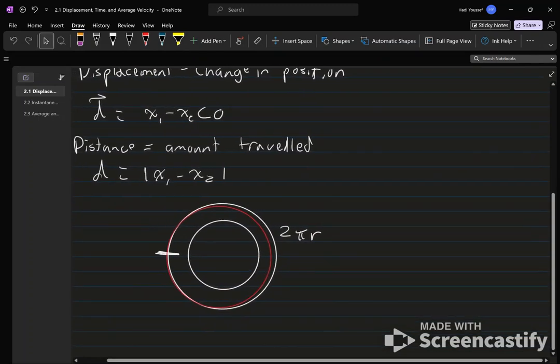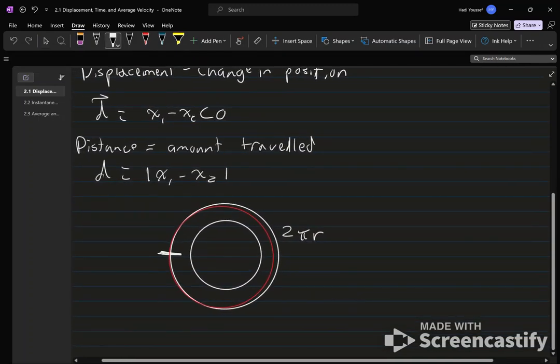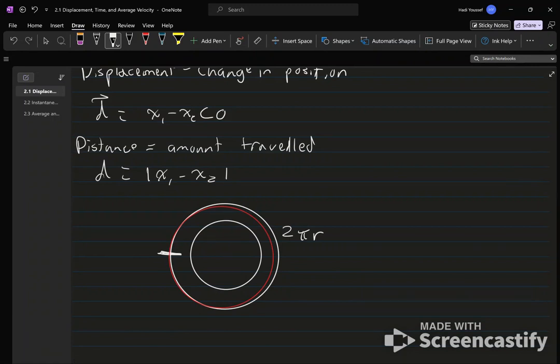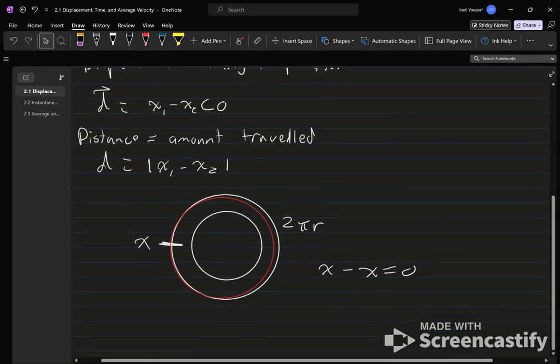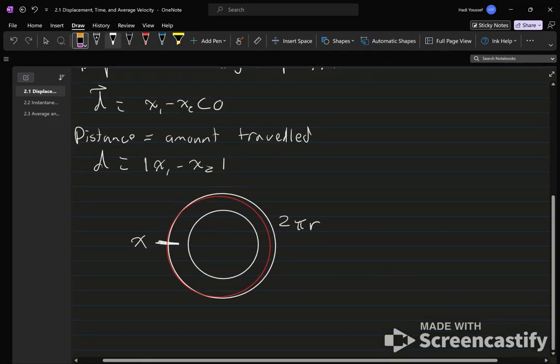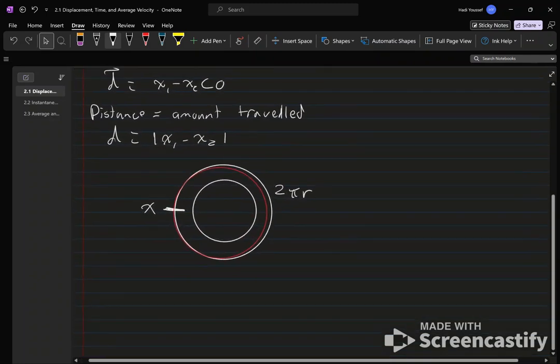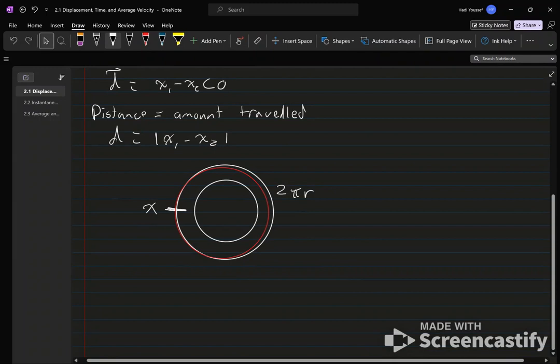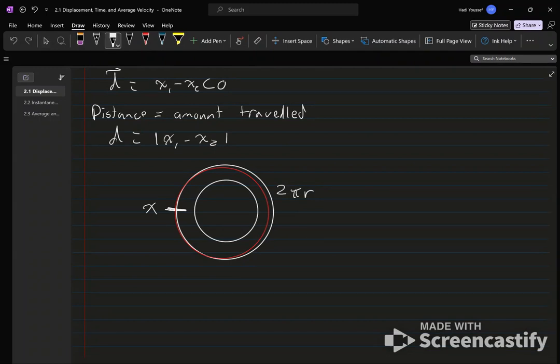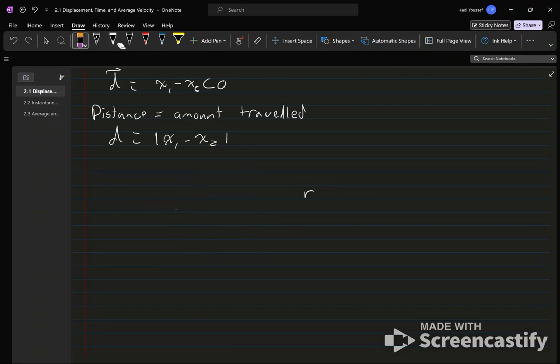Its displacement would be decided by where it started and where it ended. It started at x and ended at x, so displacement equals 0. However, for distance, what we care about is the amount traveled. In this case, the amount traveled would be 2 pi r because it traveled across the entire circumference of the circle. That is a basic definition of distance and displacement.